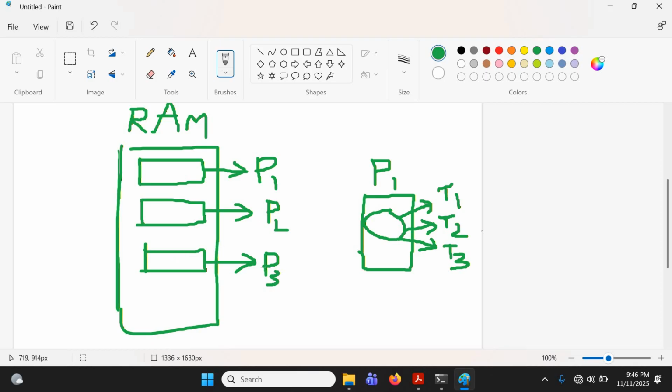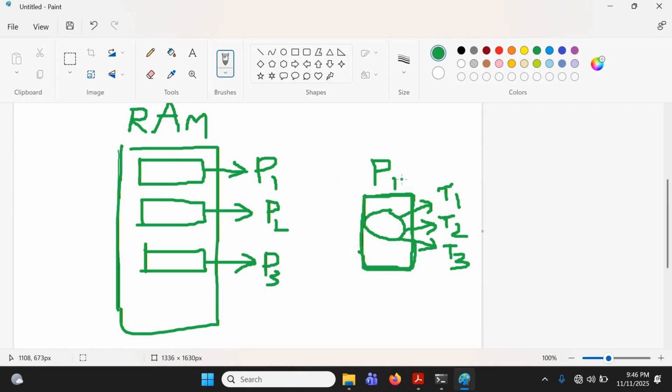Next, coming to thread. A thread is called a subprocess. Subprocess in the sense that it is a part of the process. Take the P1 process. P1 has this memory allocated in random access memory.